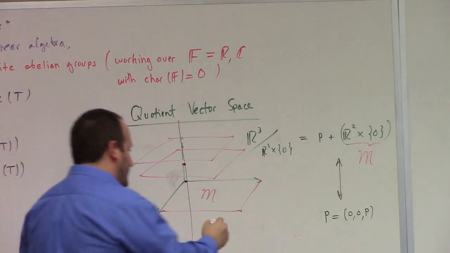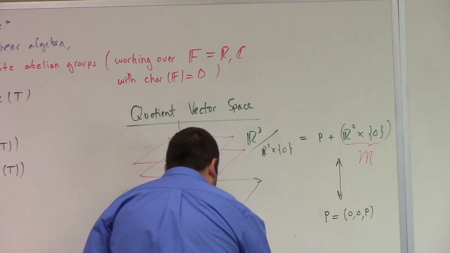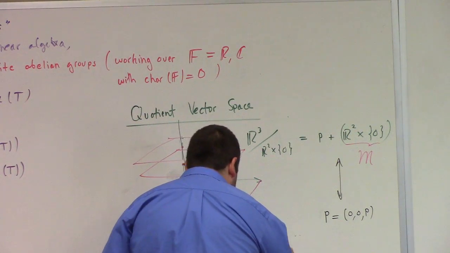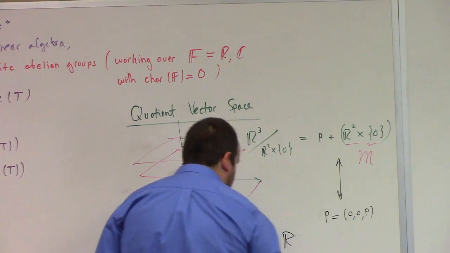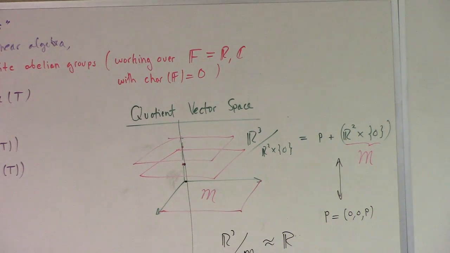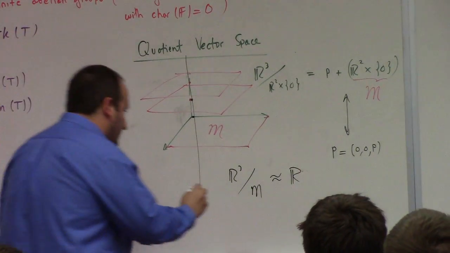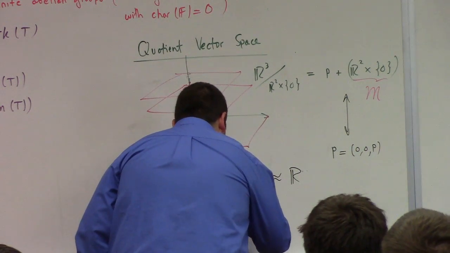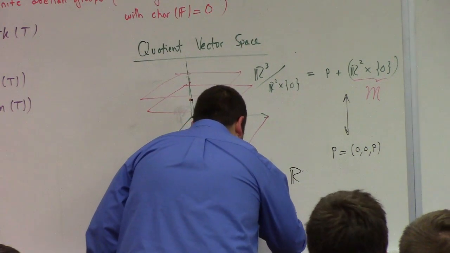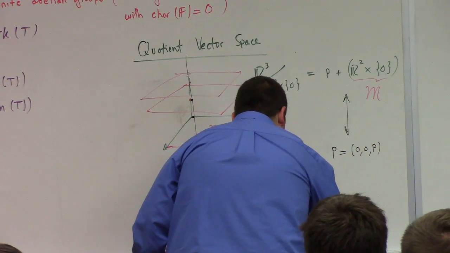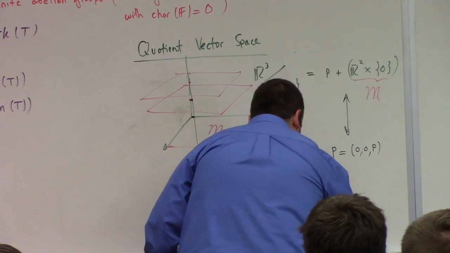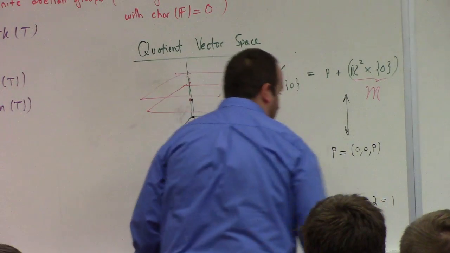What I'm trying to say is that R3 mod the xy plane is really just R again, but geometrically I think of that R as the z-axis. What's the relation between the dimension of the quotient space and the space you're quotienting by? It's pretty clear. The dimension of the quotient, R3 by M, is 3 minus the dimension of M, which is 3 minus 2, which is 1.